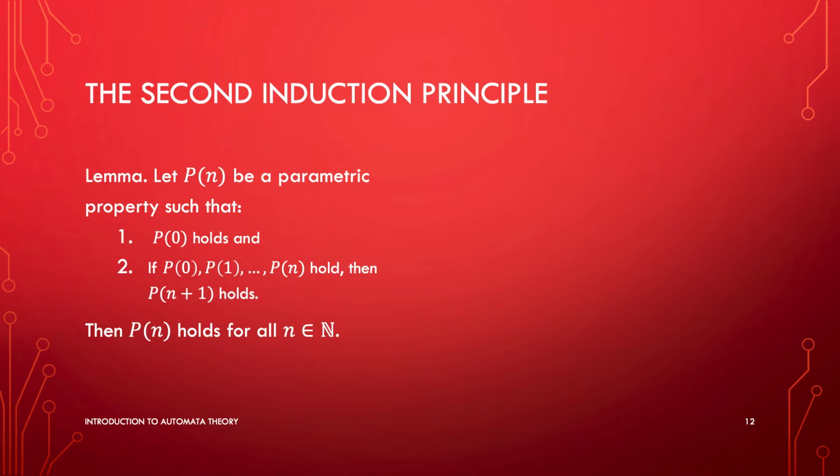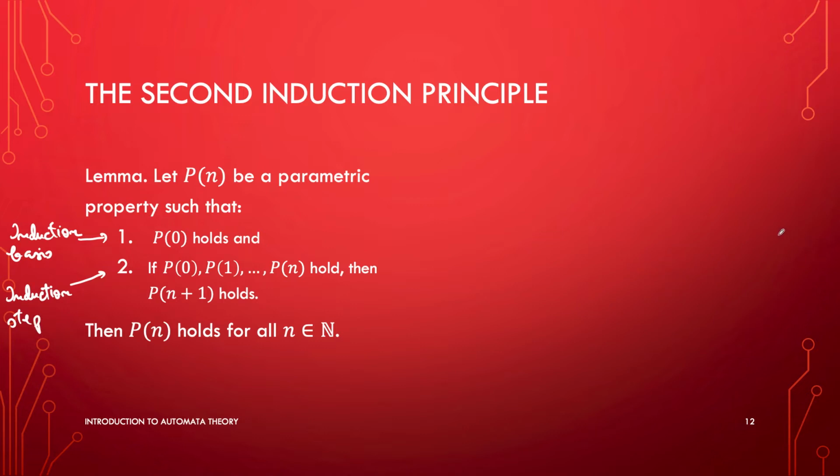So if we think about the comparison with the first induction principle, the induction basis is the same as before. You still have to show that P of 0 holds. The induction step, the idea is the same. You will have to step up from n to n plus 1.